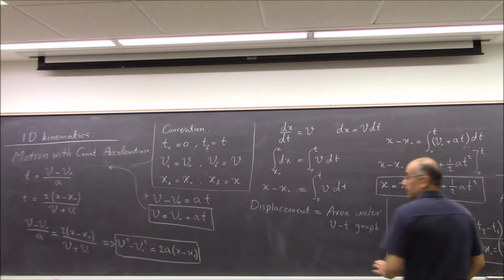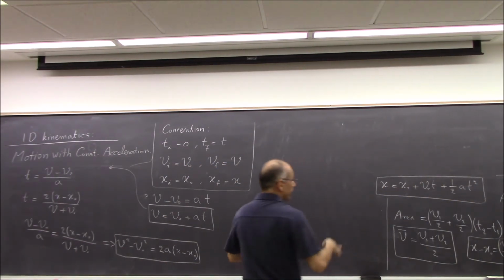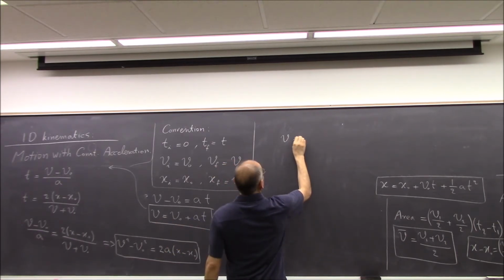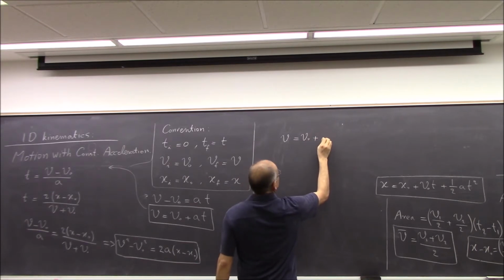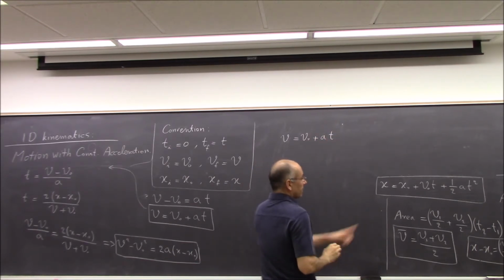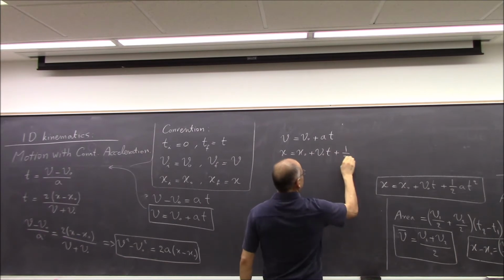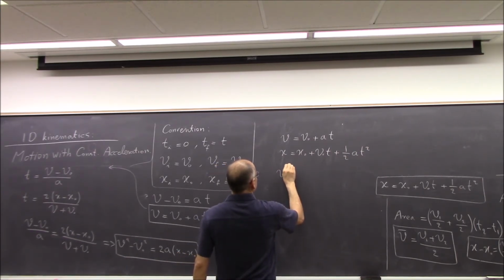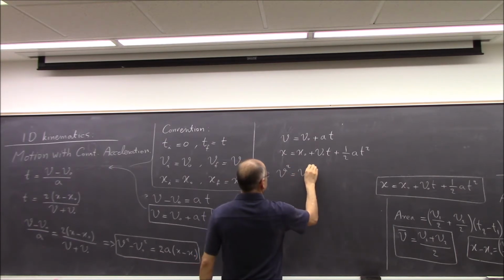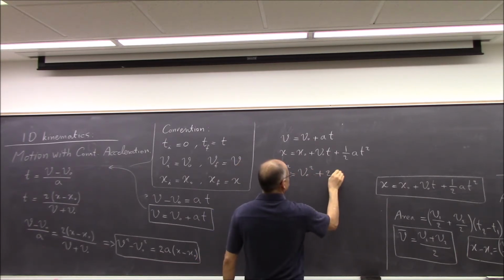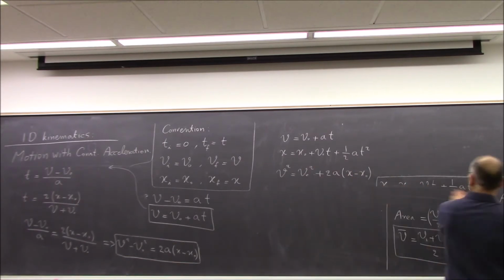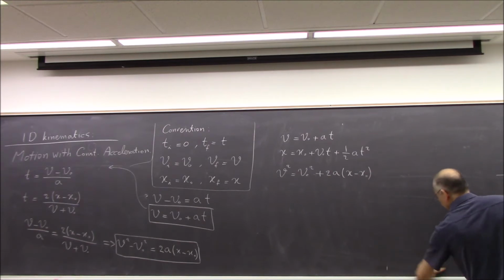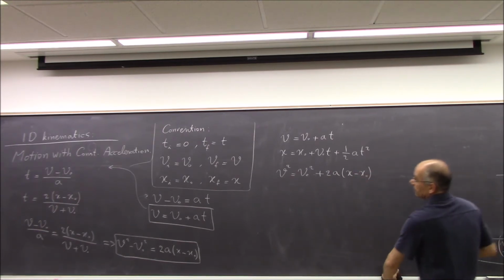Now I want to summarize. So let me put these equations in order. One was this, v equal to v naught plus at. Second one was this. And the third one, I usually use this one, v squared equal to v naught squared plus 2a times delta x. Usually instead of x minus x naught, some people write delta x and make it a little bit easier.